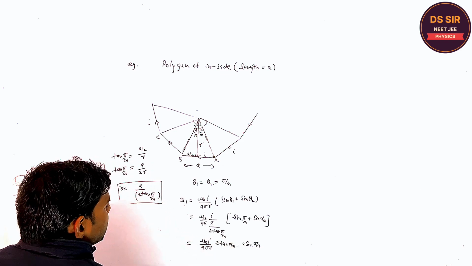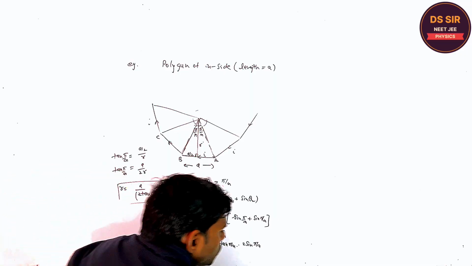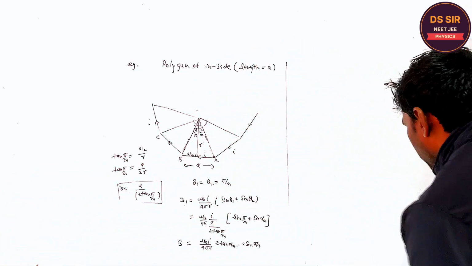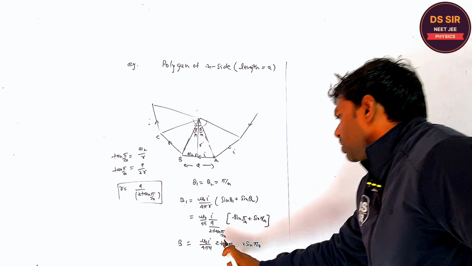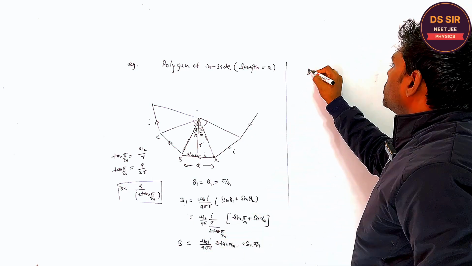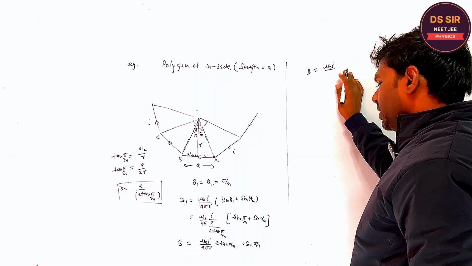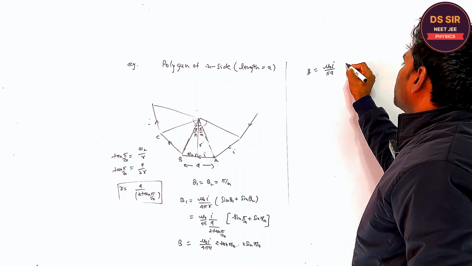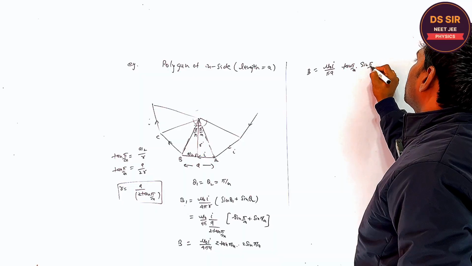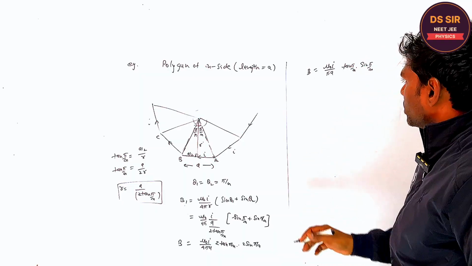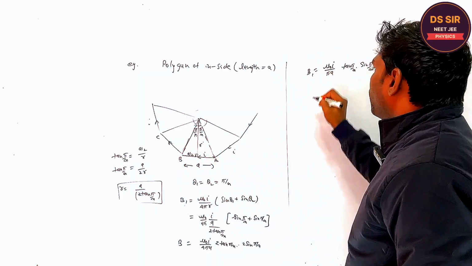So 2 and 2 will cancel out. So what is the net magnetic field? 2 2 is 4. B is equal to mu naught I upon pi a into tan pi by n into sine pi by n, right? Yes. This is the magnetic field due to one portion.